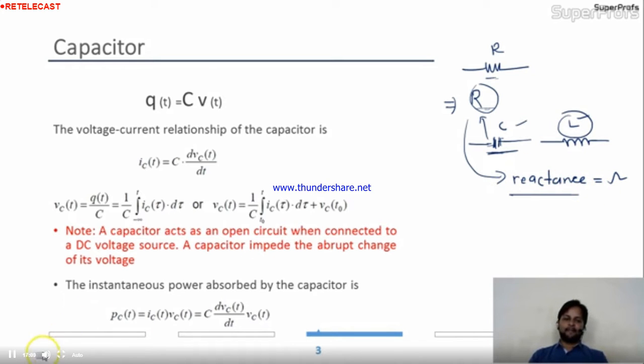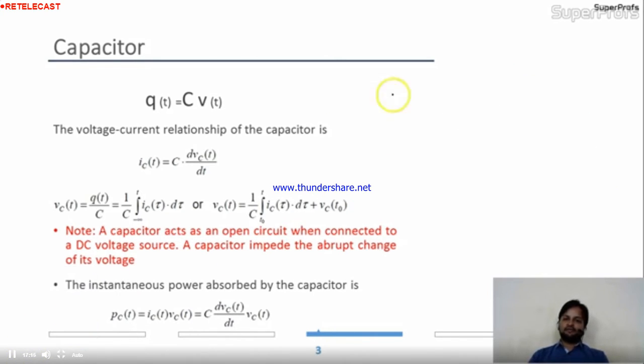The capacitive reactance is represented by Xc, and Xc is given by J by omega C. This is the reactance.